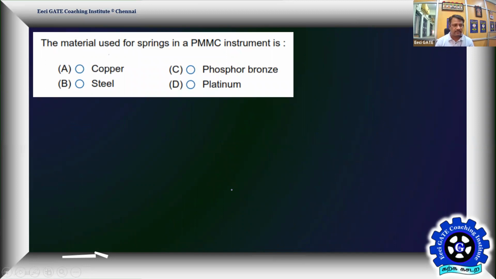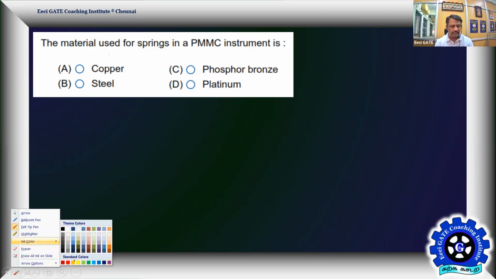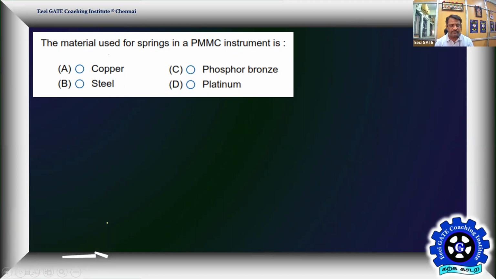Next. That's an expected problem. The material used for springs in a PMMC instrument. So we have the moving coil, this is how we get the PMMC. I'm talking about only the moving assembly.